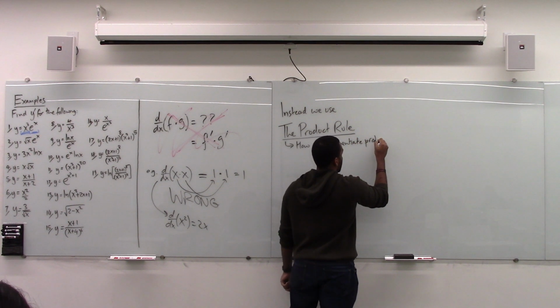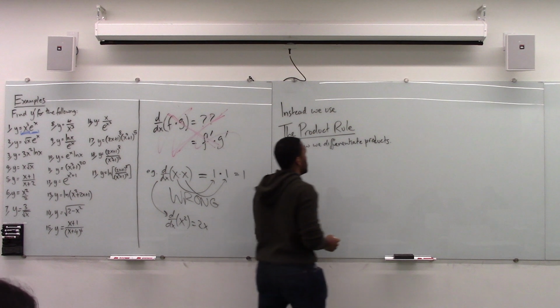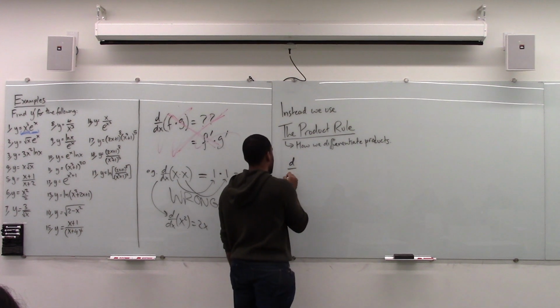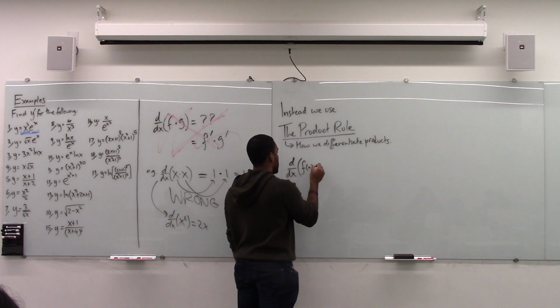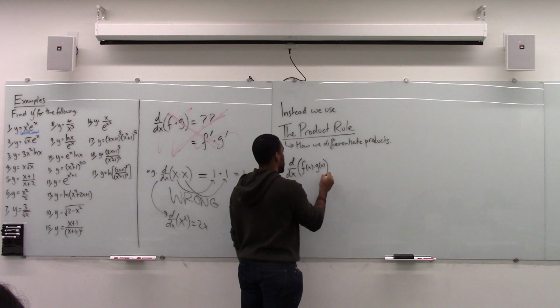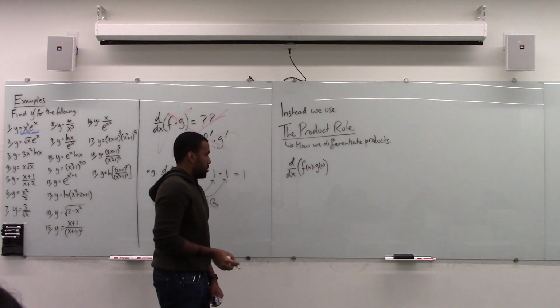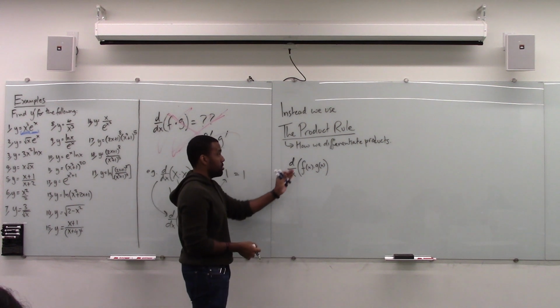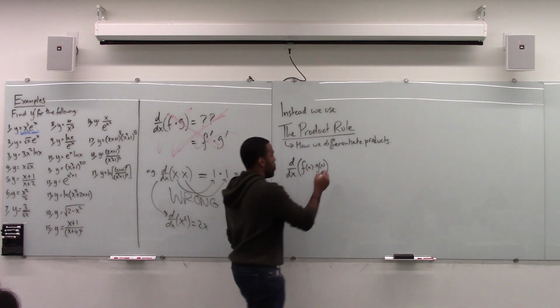So this was one of the bonus points on the quiz today. Basically the product rule says, if I want to differentiate two functions being multiplied by each other, sometimes we use u and v, f and g is okay, but if I take the derivative of f times g, what does that equal?